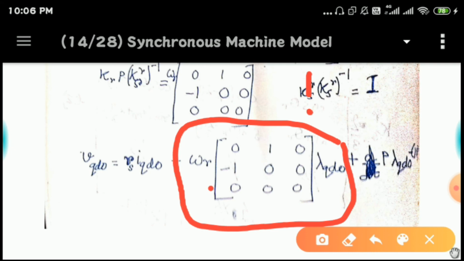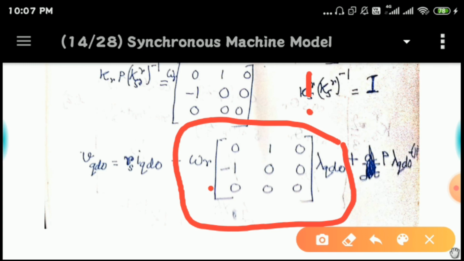One more thing you must notice is that this vq is dependent on your lambda d, and your vd is dependent on lambda q. So, what is the rationale behind this?